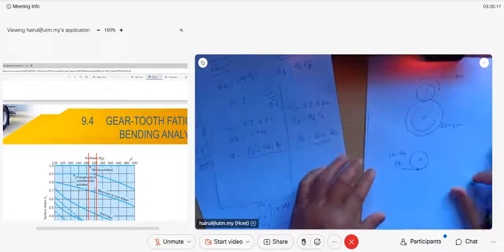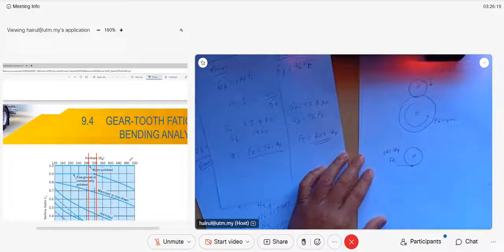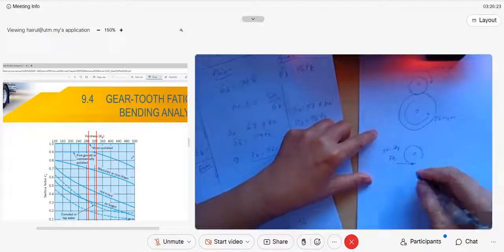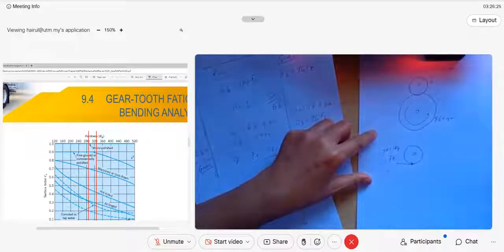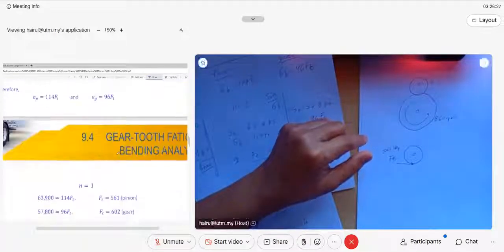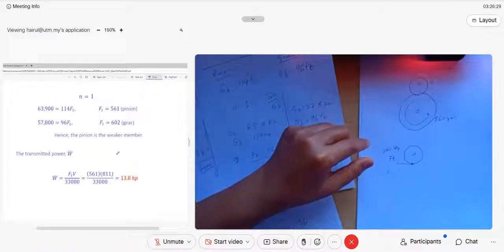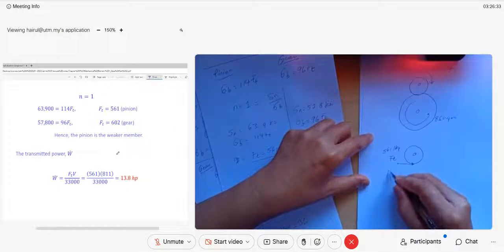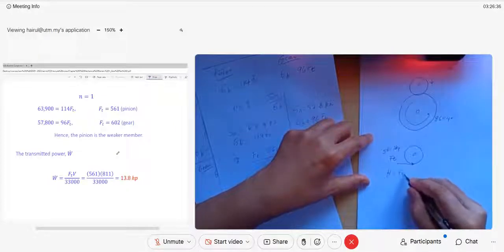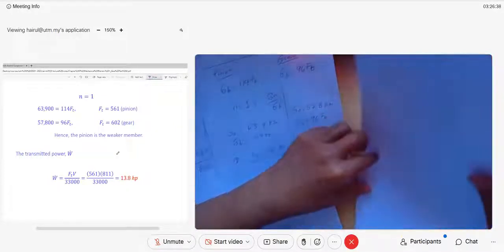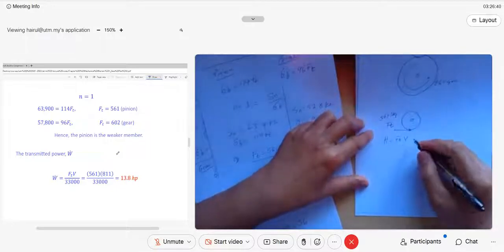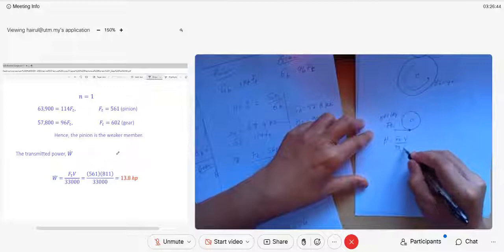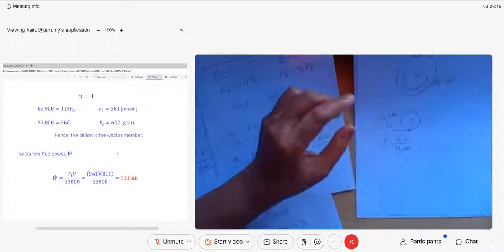So we know what the power is. Pinion, what is the power equation, guys? Power is the rate of work, or H. Remember your previous equation from gear part 1: power is F tangent, in English units, times velocity over 33,000, so you get power in horsepower.